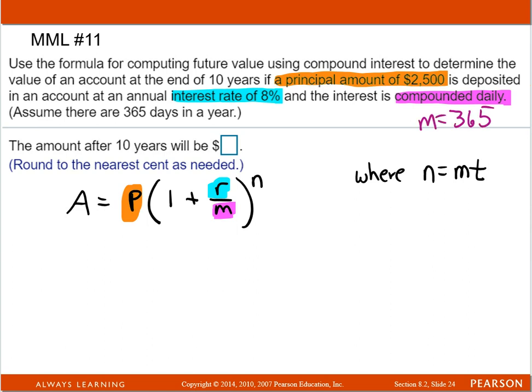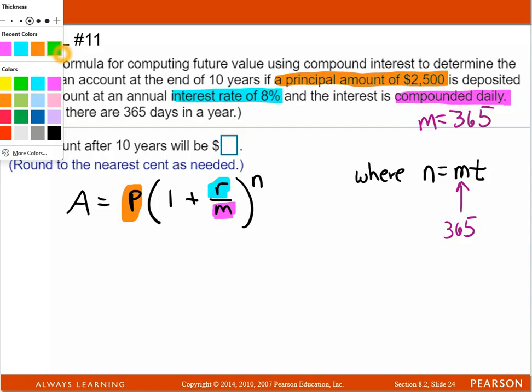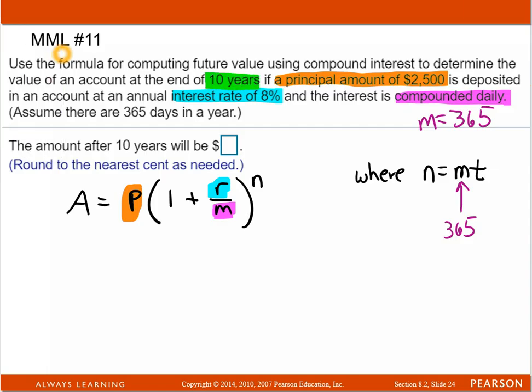That's m. So right here, there'll be 365 times whatever t is, and I need to find t. t is at the end of 10 years. There we go. 10 years.